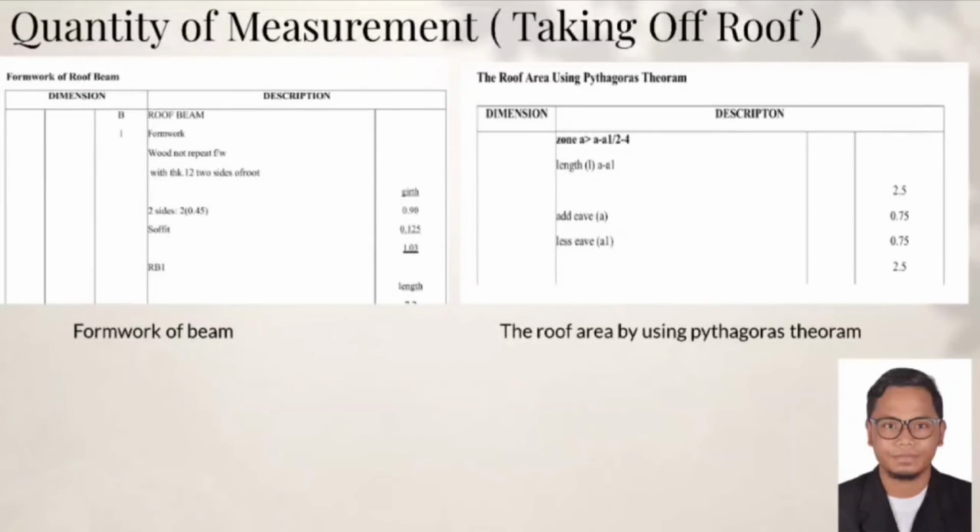For the last part of mine, quantity of measurement taking off roof. I already calculated the formwork of beam. The second one is we use the Pythagoras theorem to calculate the roof area. So that's all for my part.